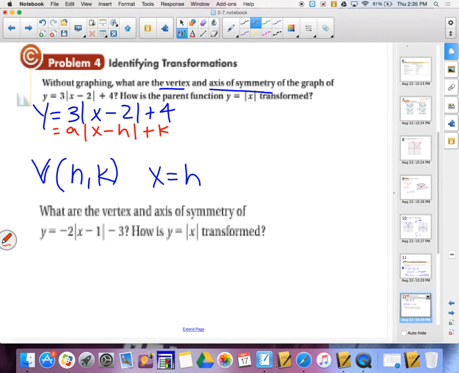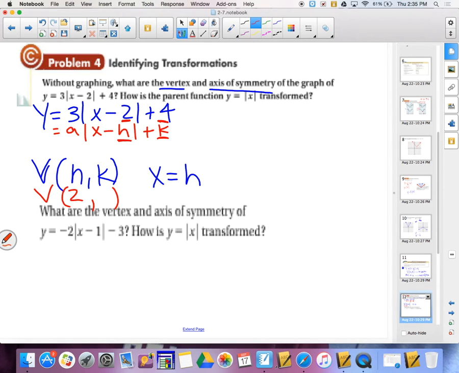So I have a problem. I have the formula written down up underneath it. I need to determine what the vertex is. So what do you think the vertex for this problem is going to be? This is h, this is k. What would h be? 2.